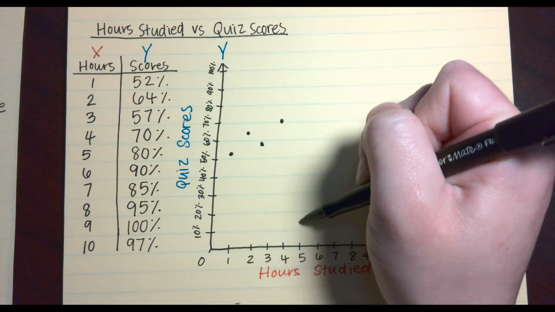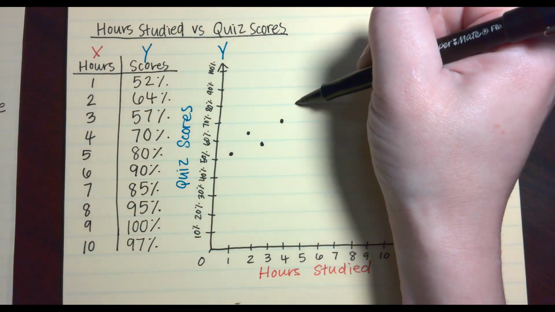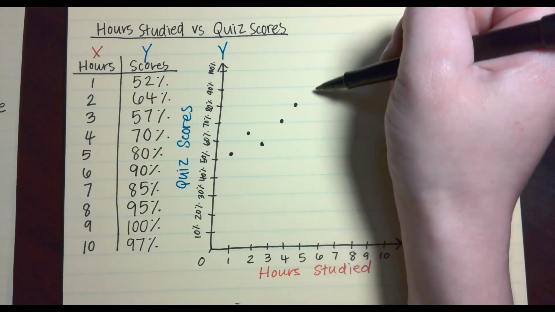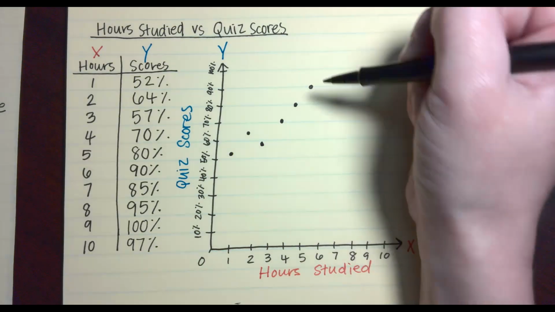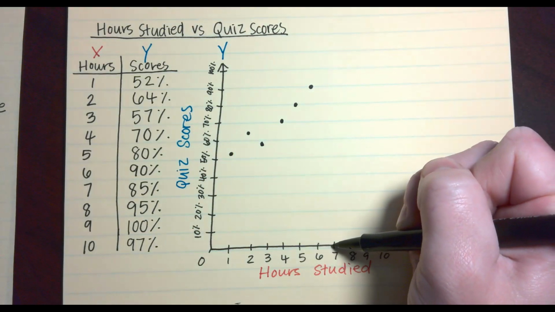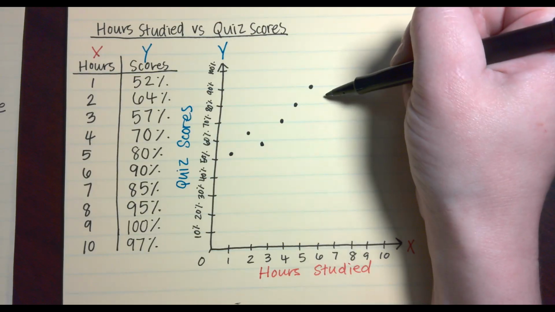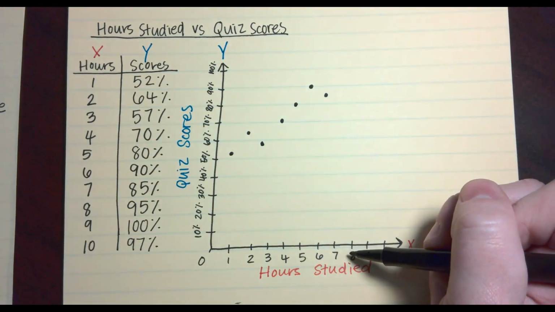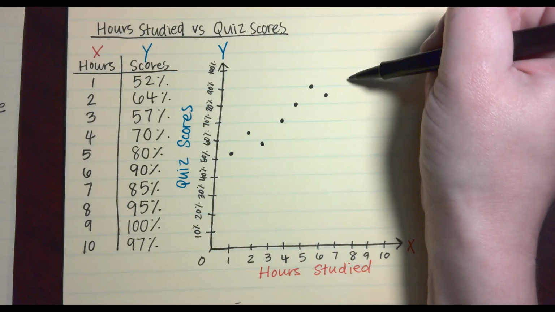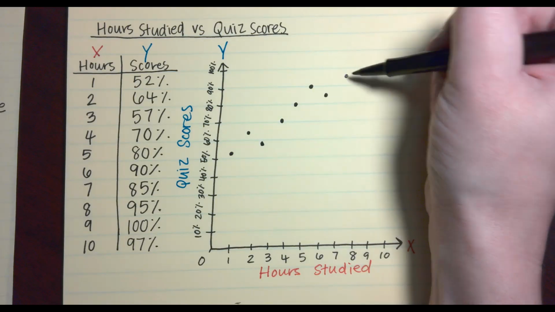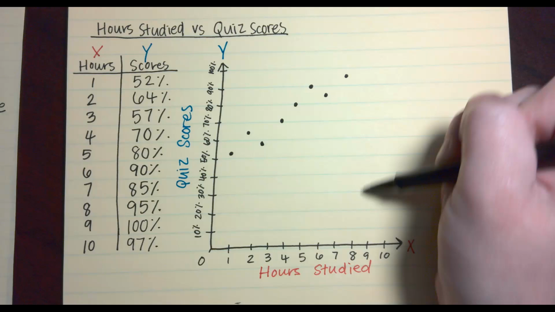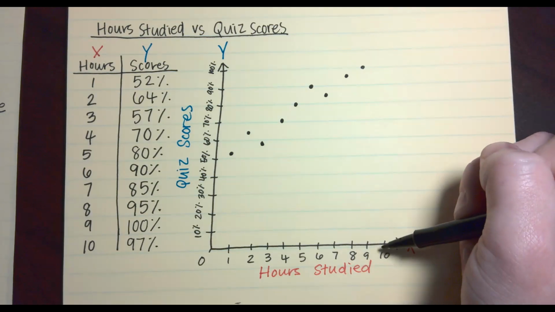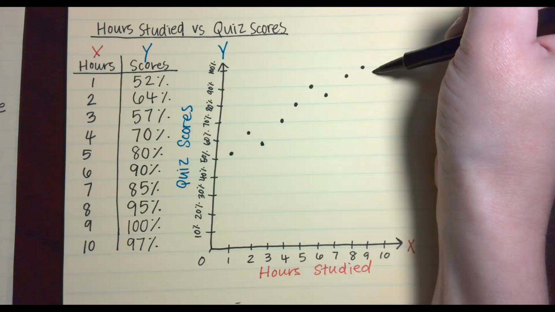5 is 80. 6 is 90. 7, 85. 8, 95. 9, 100. And 10, 97.